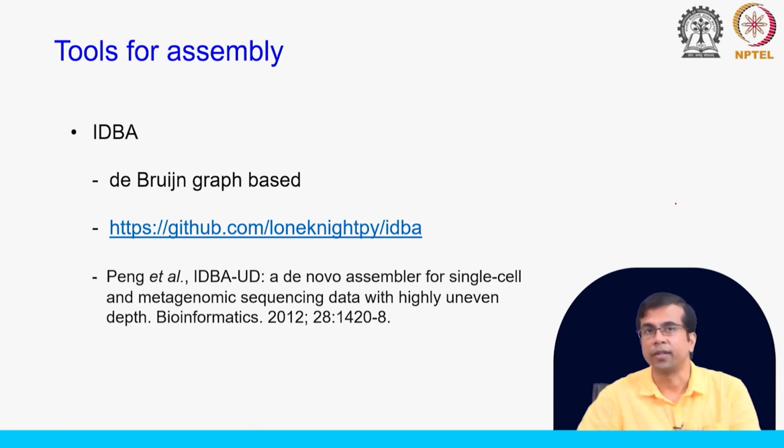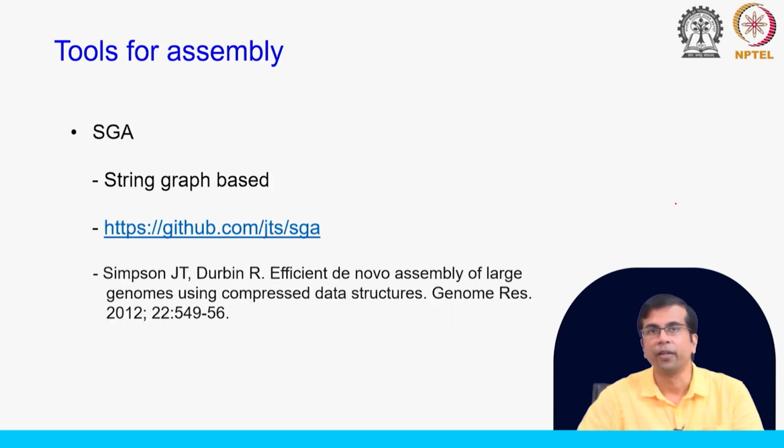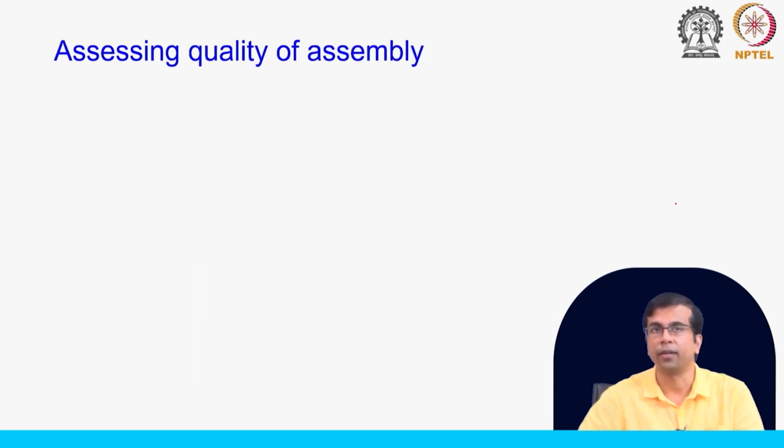This is a very interesting extension of the original IDBA tool. And finally, there are also tools that utilize other types of methods which we have not discussed, or extensions of those algorithms. Here is one called SGA. This is a string graph based assembly, and here is the paper and the link.